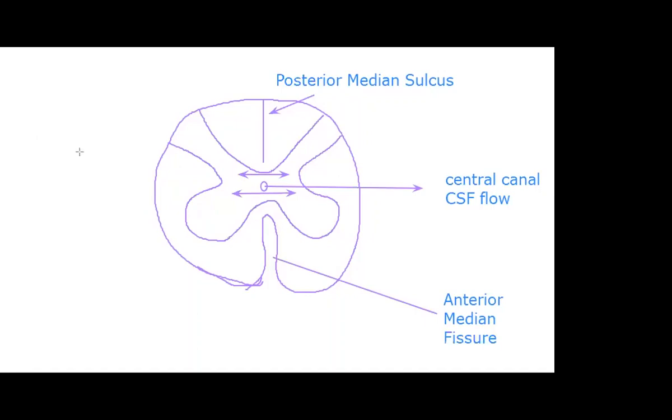So if this is the dorsal horn or posterior horn, what would that make this white column right here? What do you think we would call that? The dorsal or the posterior white column, exactly. So this is dorsal column.